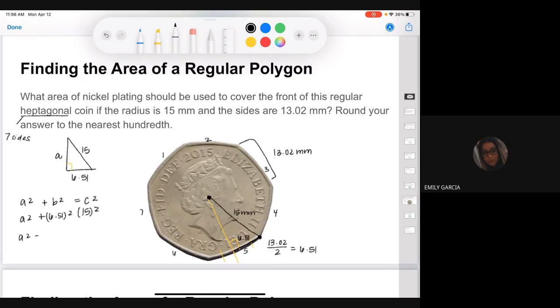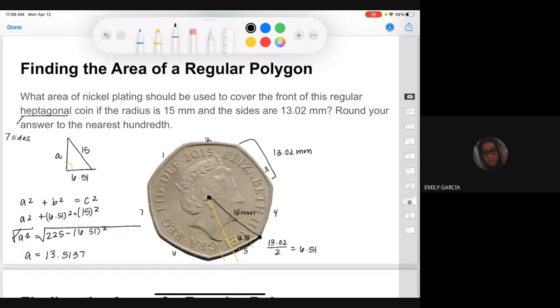A squared is equal to 225 minus, and I need to take the square root. So A is equal to, let me plug this into my calculator again. Okay, that's approximately 13.5137. So that is my A.